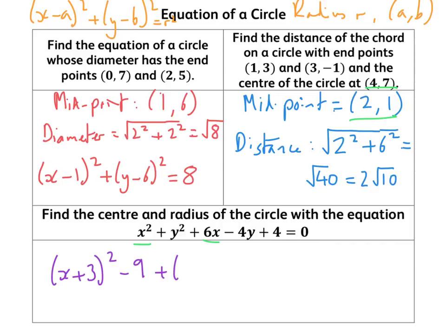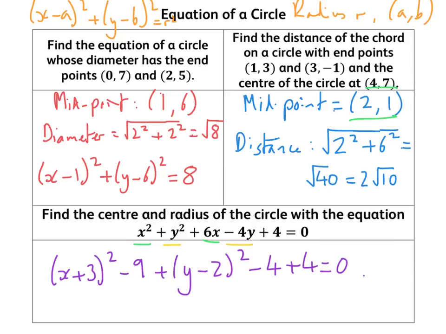Then for the y parts: y minus 2 all squared, take away the square of 2, so I've got plus 4 equals 0.